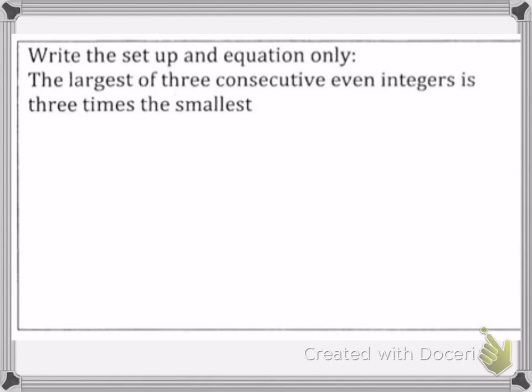As a little warm-up, we're going to write and set up the equation only for this word problem. The largest of three consecutive even integers is 3 times the smallest. As we went over before, we want to define our variable. If we're looking at 3 consecutive even integers, then we want to make x our first consecutive even.